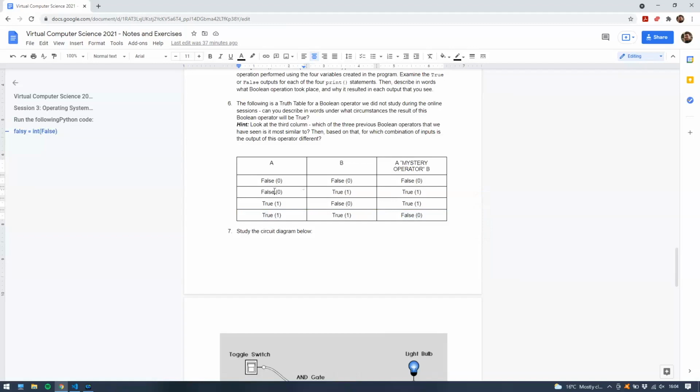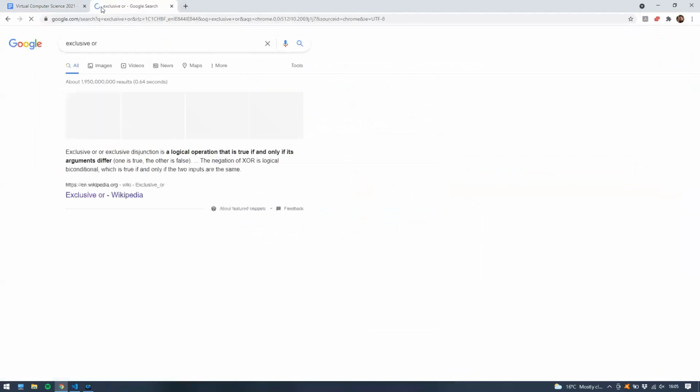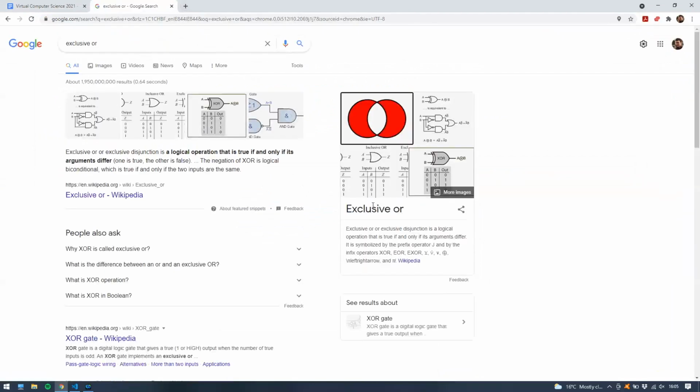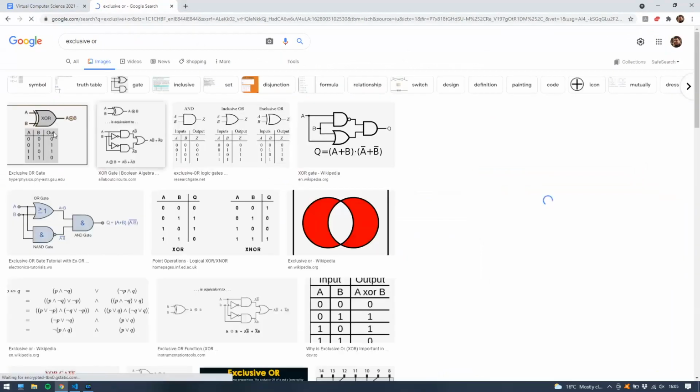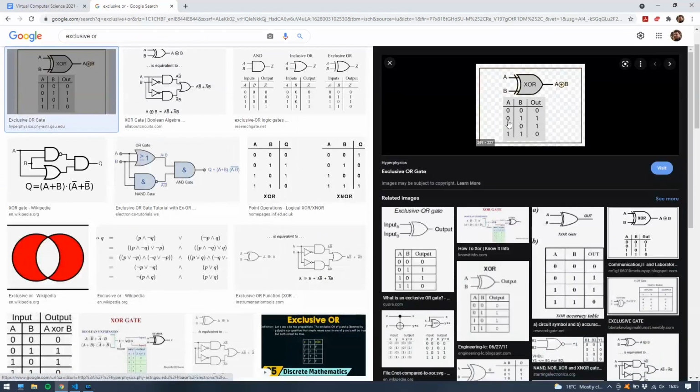And actually this has a name. It's called exclusive OR. I'll write it down here. Exclusive OR. And look, we haven't even looked at a truth table for it. Well, we have. We're looking at it right now. There we go. 0 exclusive OR 0 is 0. 0 exclusive OR 1 is 1. 1 exclusive OR 0 is 1.